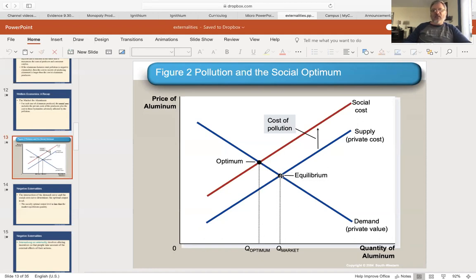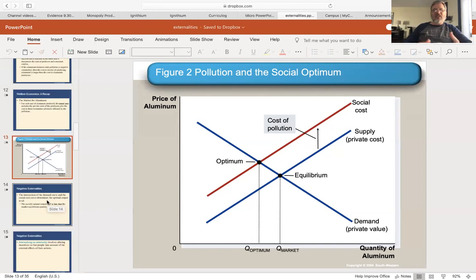The difference is at the equilibrium, right? At that quantity, they're only covering the costs of the supplier and they're not covering the costs of the third party. So it's an interesting analysis because you don't get the answer that you might think is obvious, which is, well, if you're shoving some cost onto a third party, you just shouldn't do that.